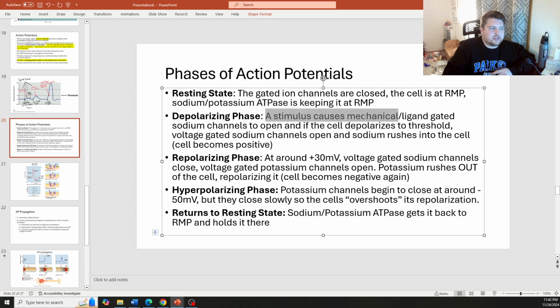A stimulus causes either the mechanical or the ligand-gated sodium channels to open, and if the cell depolarizes to threshold, so if the cell gets positive enough to threshold, voltage-gated sodium channels open, and sodium rushes into the cell. The cell becomes positive.